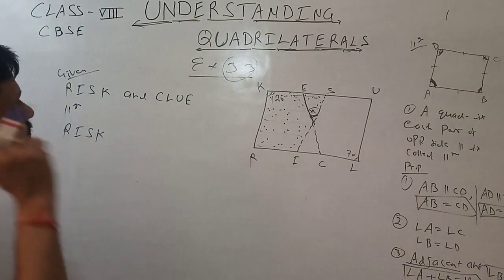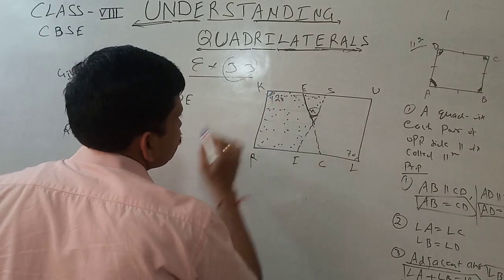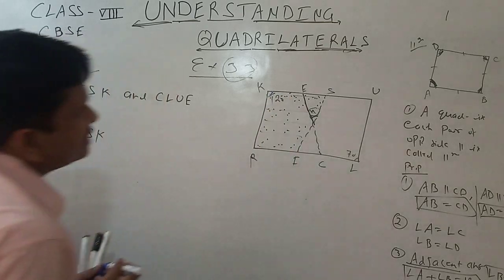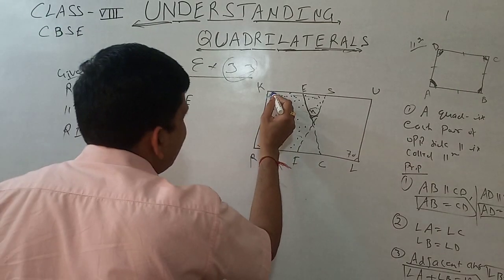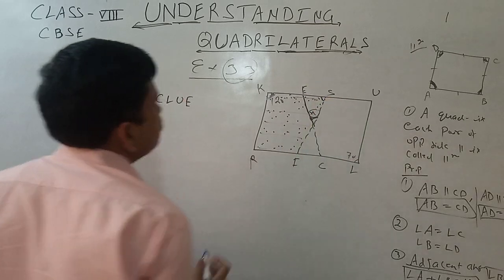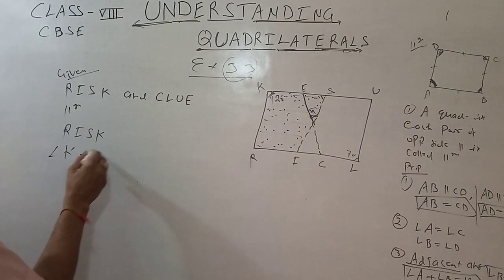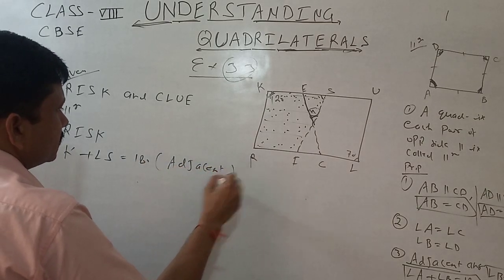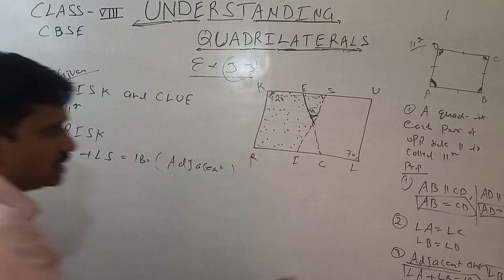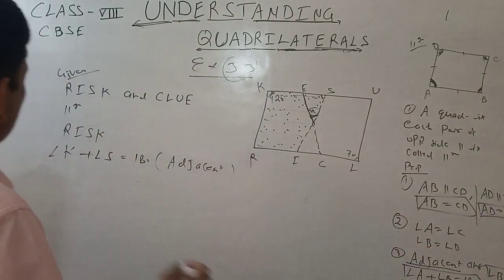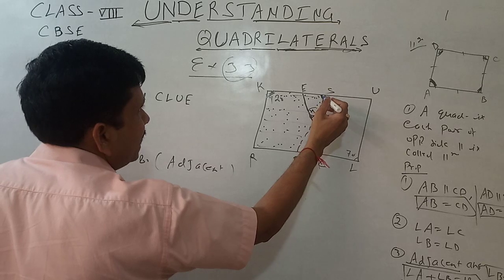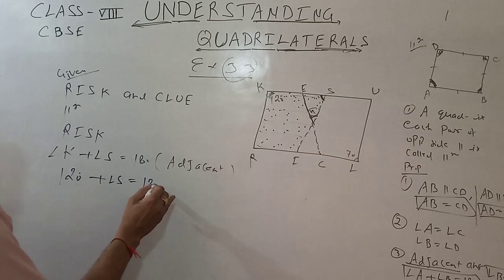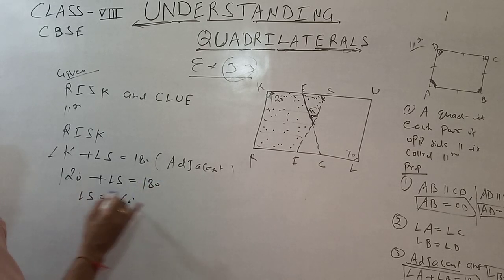In a parallelogram, opposite angles are equal, and adjacent angles K and S are equal to 180 because they are adjacent. So the sum is 180. Here is the property. So angle K is 120, and angle K plus angle S is equal to 180. So we get angle S is equal to 60 degrees.